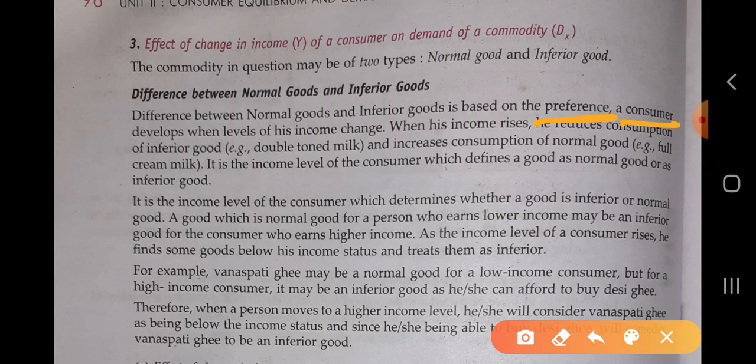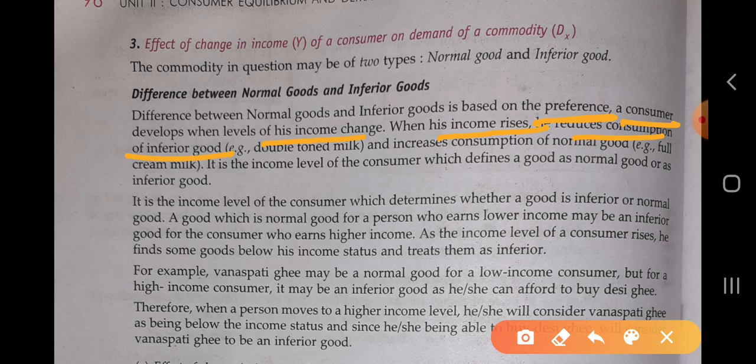A consumer's preference changes with the level of his income. When his income rises, it reduces consumption of the inferior good. For example, I have taken the example of the railway as well as airplanes. So when the income of the consumer rises, consumption of the inferior good reduces. वो उस कंडीशन पे, जो भी inferior goods हैं, मीन्स डबल टोन्ड मिल्क, उसके लिए वो inferior good हो जाएगा, and he will increase the consumption of the normal good.